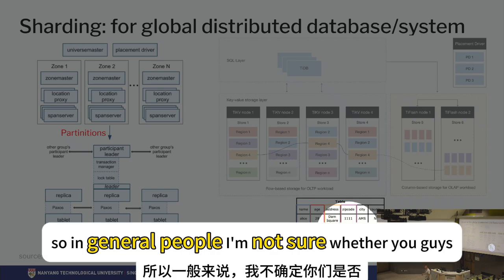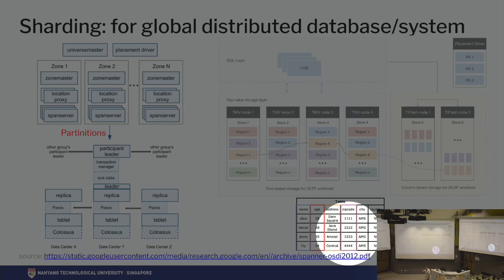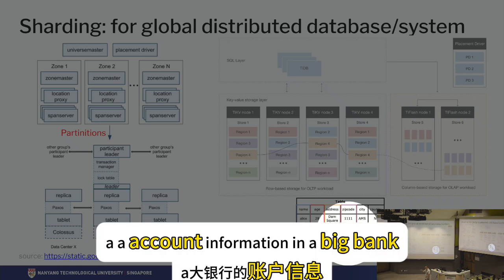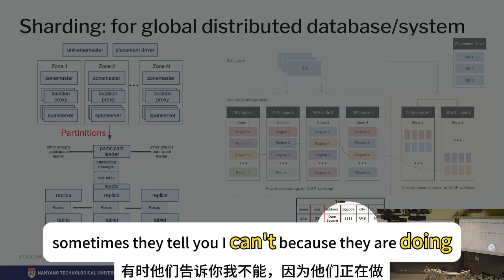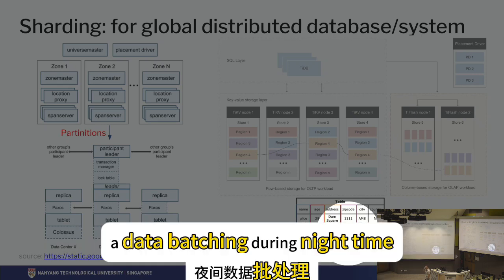So in general, I'm not sure whether you guys encountered this issue before, but anytime you want to retrieve account information in a big bank, sometimes they tell you they can't because they are doing data batching during nighttime.